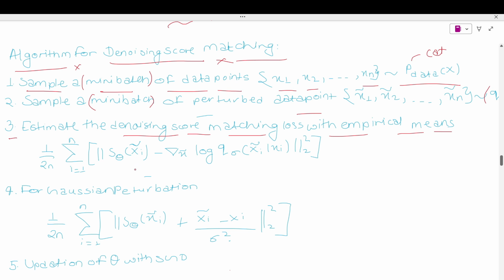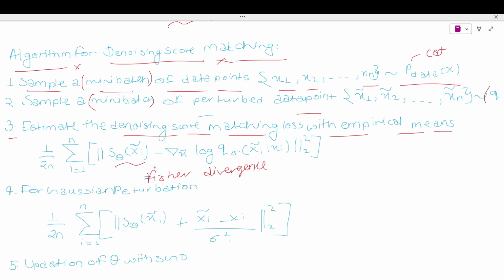This is the same Fisher divergence loss. In the literature you can see it called Fisher divergence. We want to minimize this objective, running the summation from i equals 1 to n.